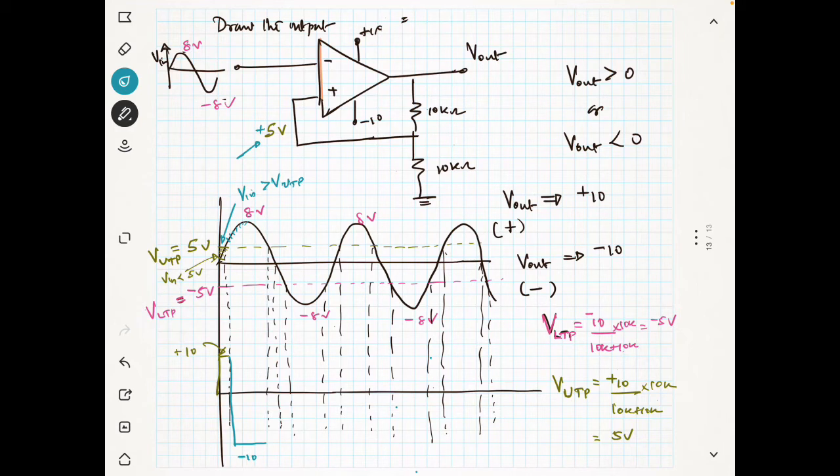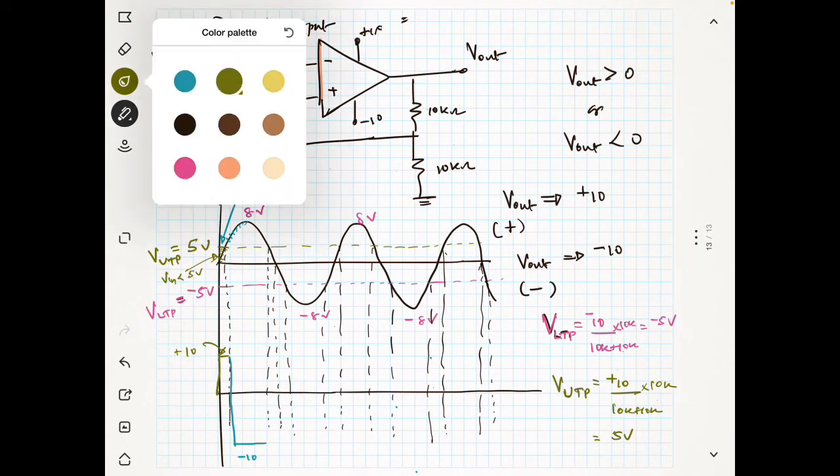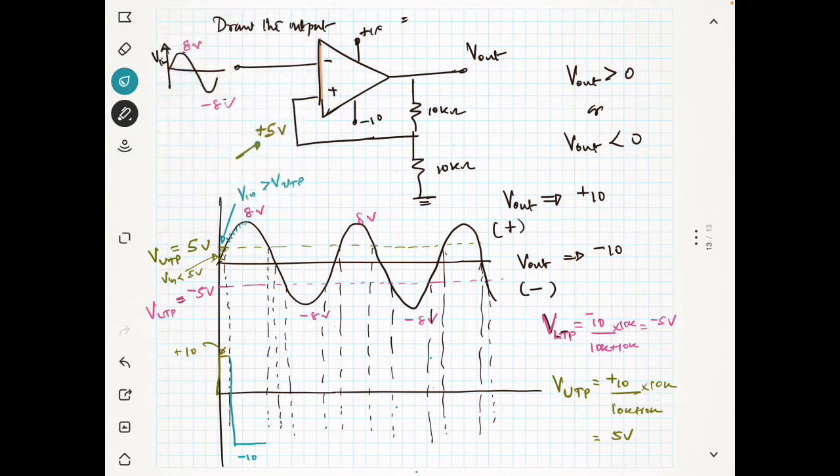and the output is switching to minus 10 volt. Previously it was 10 volt, now the output switches to minus 10 volt. So this will switch to minus 5 volt. Now the input is compared with this minus 5, but the input is greater than minus 5 always, up to this point.